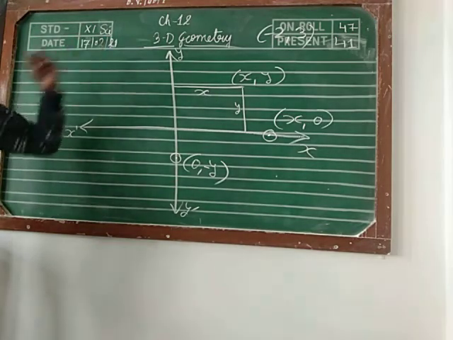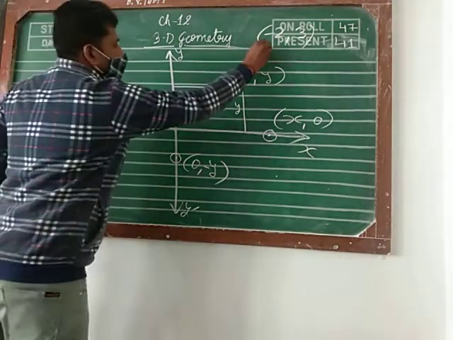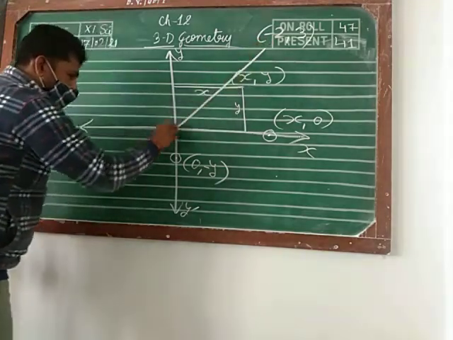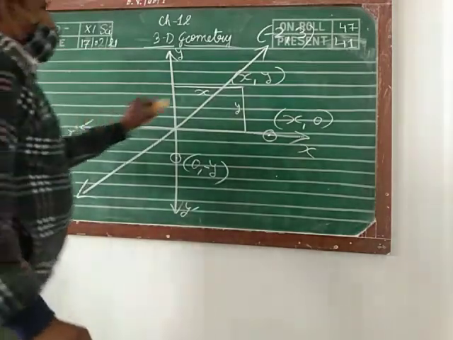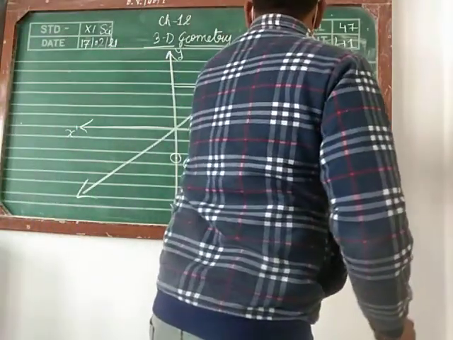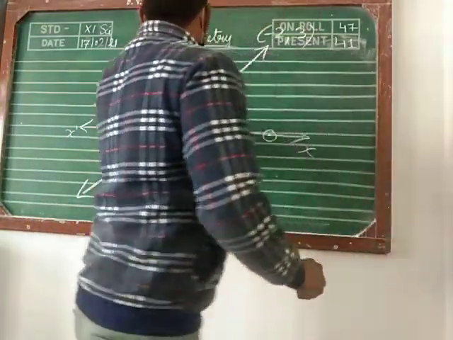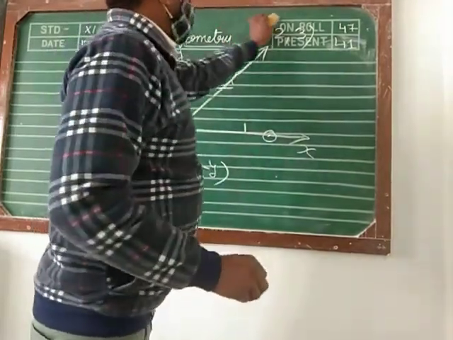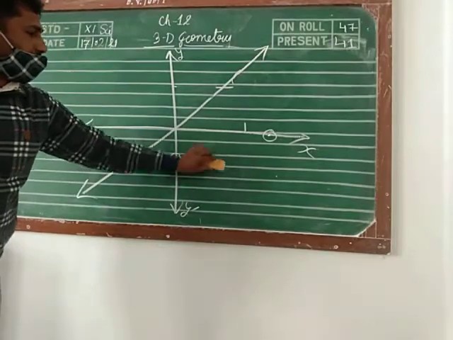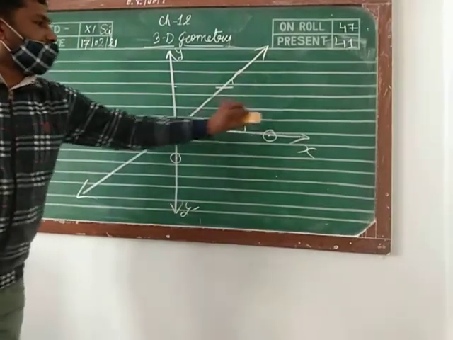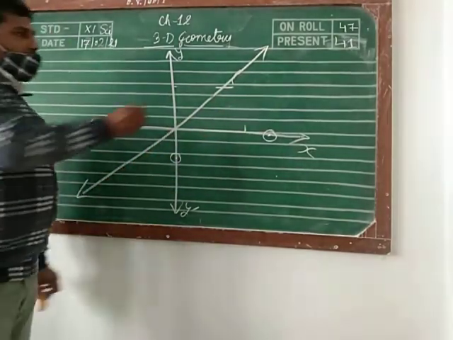Now in class 11 we are getting 3D, three-dimensional. Then one more axis we are taking. In the previous class also we have discussed these x, y and z axes. If we have three axes, and these three axes are mutually perpendicular, it means we are taking three planes.